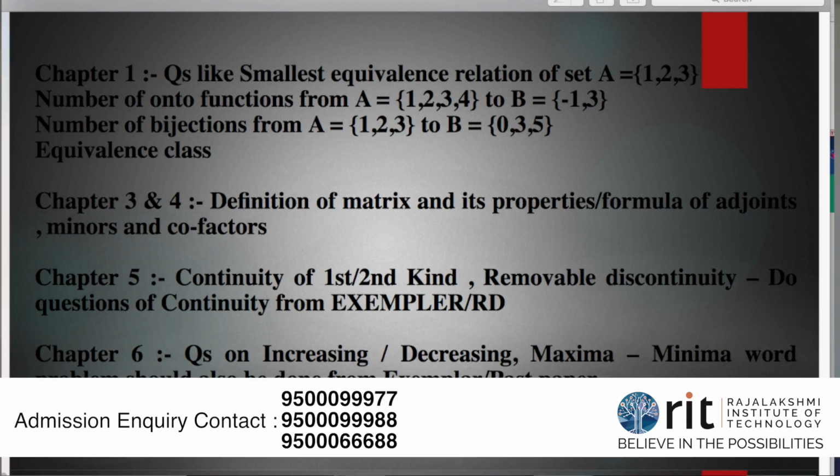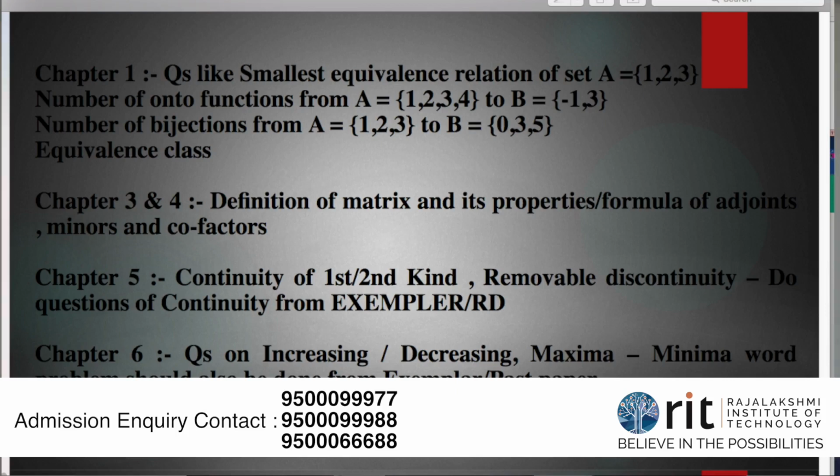Okay. In chapter number 5, continuity, first and second kind of continuity. A 1-marker question may come asking which type of continuity this is: removable, continuity of first kind, continuity of second kind, discontinuity.